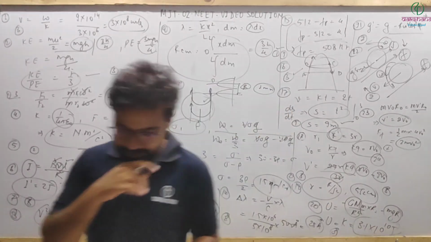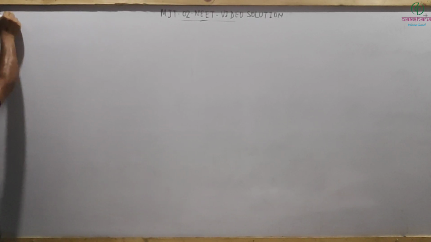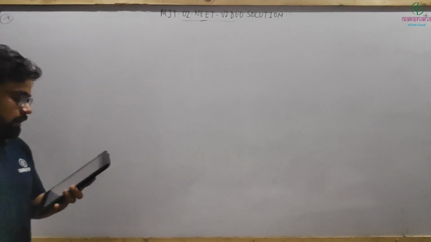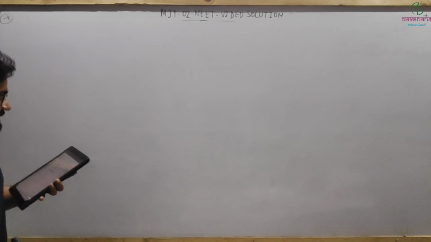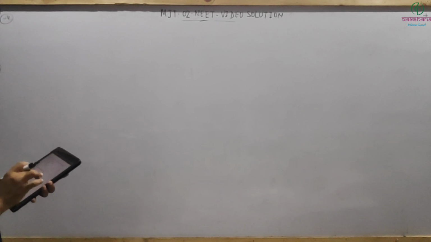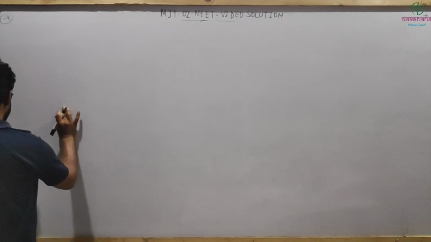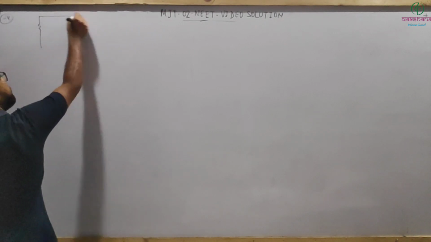Alright, so let me first erase the board for question number 24. Okay, so next question number 24, it's based on transistor. So in the following common emitter circuit, beta is given as 100, VCE 7 volt, VBE negligible, RC 2 kilo ohm, IB आपको पूछा गया है. So यहाँ पे देखो जो, let me draw the diagram, it will be needed.